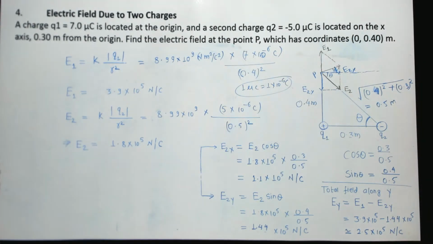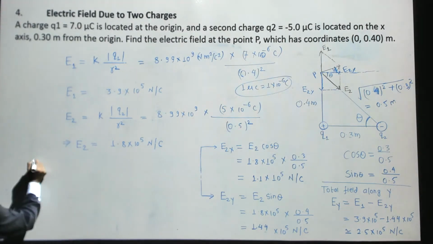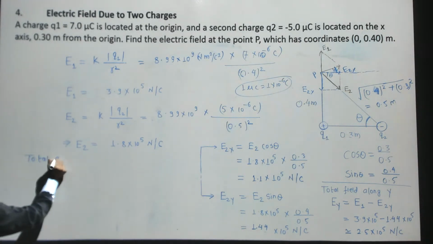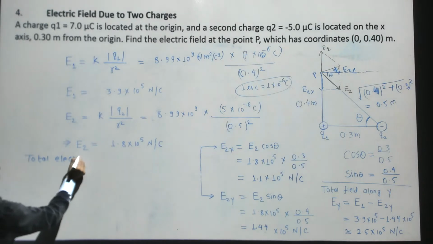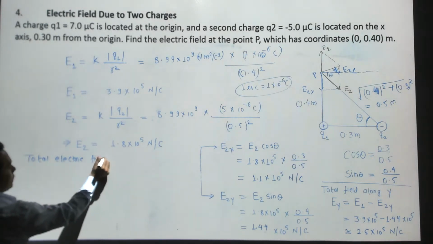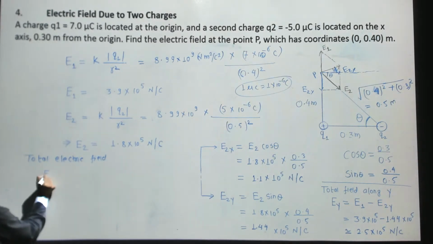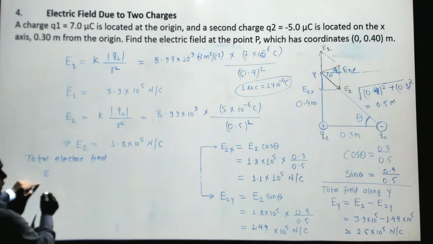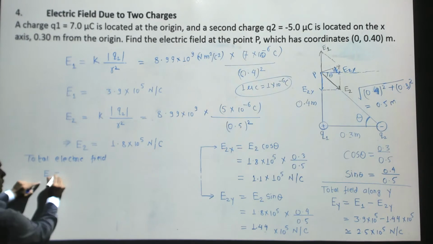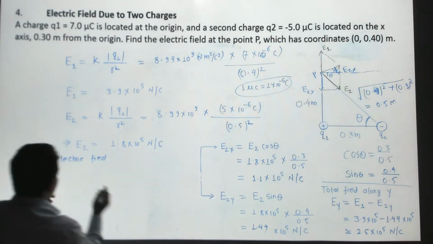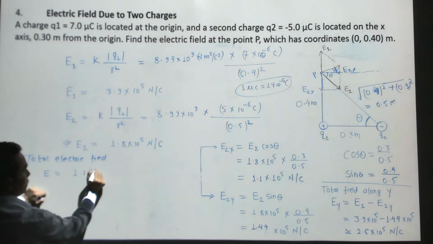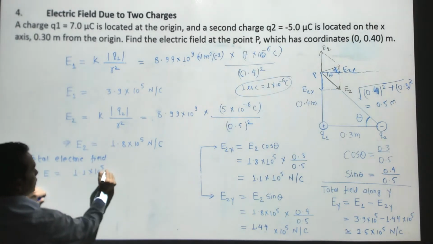Okay, so along the x-axis, the total electric field is now given by, you remember we have only one component along the x-axis, so E2x, which is 1.1 times 10 to the 5.